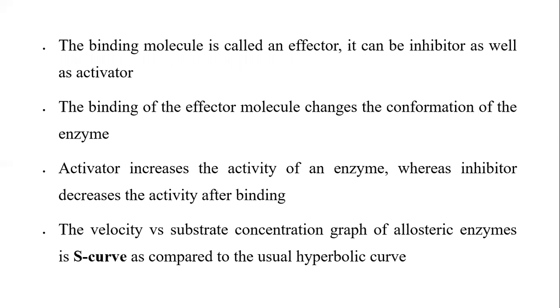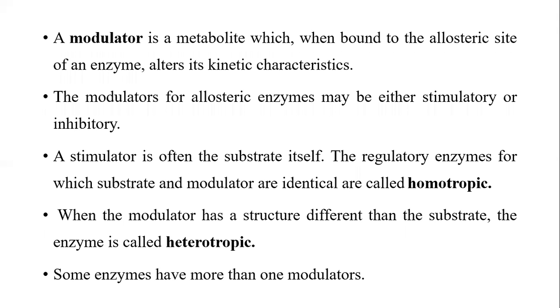When we plot a graph of velocity versus substrate concentration, it's an S-shaped, or sigmoidal, curve. A modulator is a metabolite which, when it binds to the allosteric site of an enzyme, alters the kinetic characteristics. These modulators can be stimulatory or inhibitory.